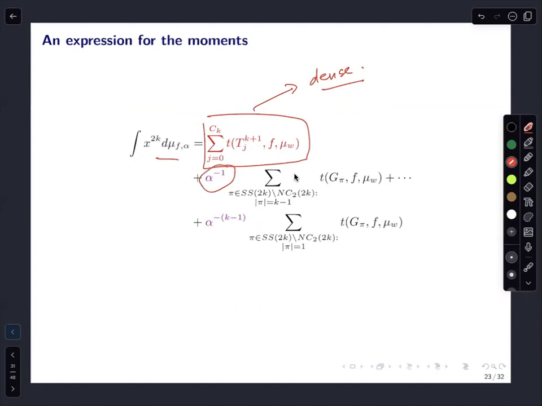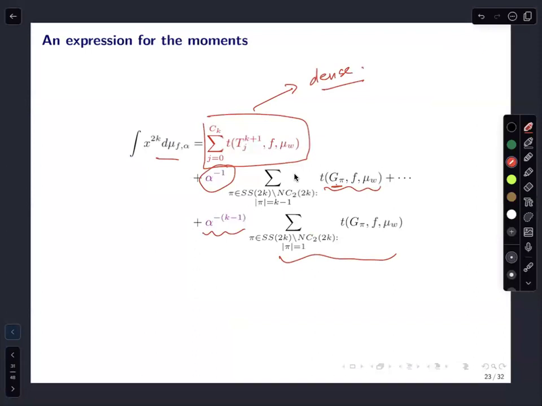And then you look at the sum over all partitions in the simple symmetric fashion, which are non-crossing, and you look at the copy of this graph in F. So these are these homomorphism densities. And slowly you go on. The next power is alpha minus 2, and so on. Then you have alpha minus k minus 1 with these kind of factors.